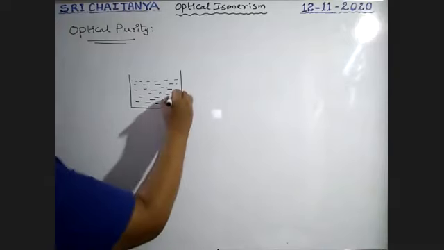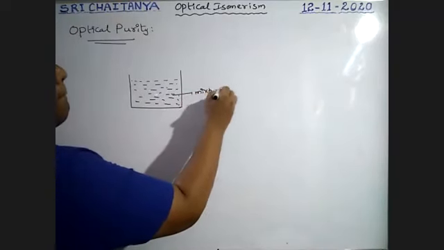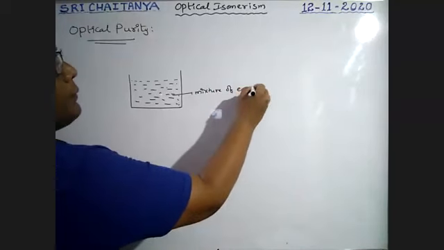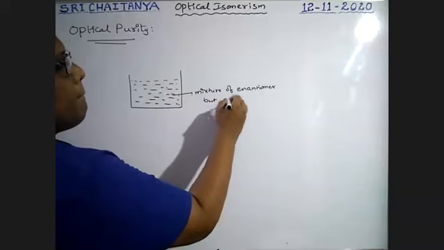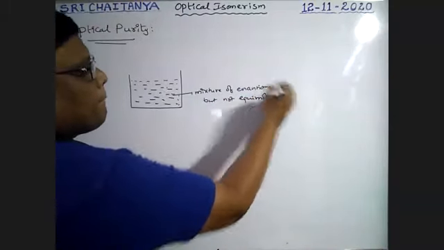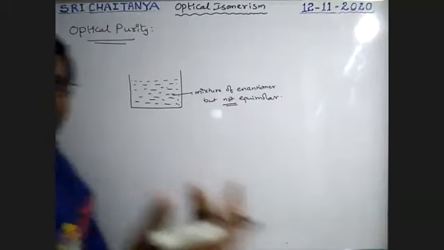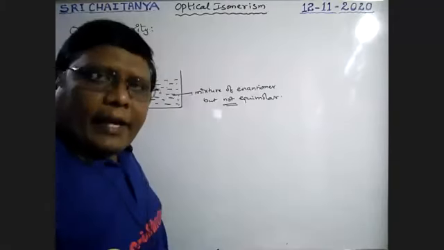Okay. So it is a mixture of enantiomers, but not equimolar. If these were equimolar, automatically it would be a racemic mixture, boys. But I am not taking them equimolar here.